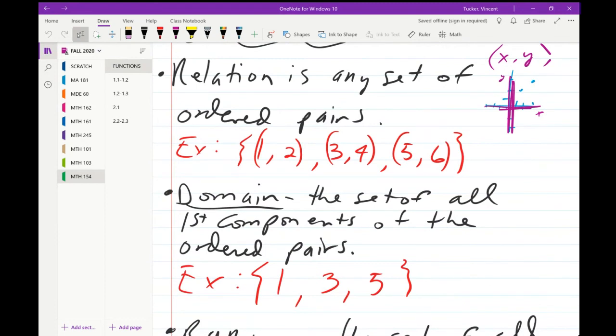Your domain is the set of all the first components of your ordered pairs. So 1, 3, 5.